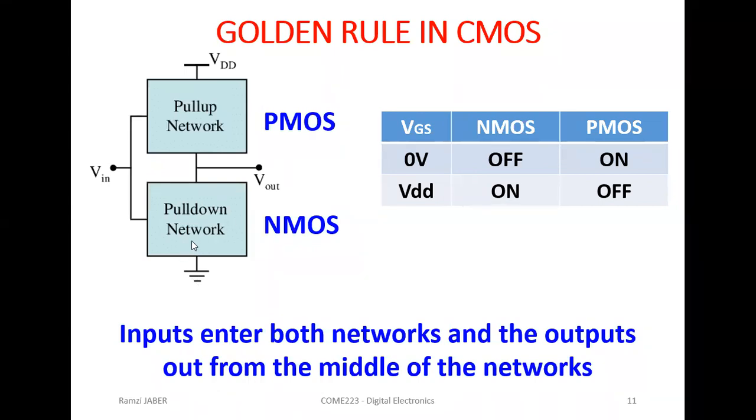Here the golden rule is that all the inputs must enter both networks. We will not see any input enter only one of them. We'll consider that a bad design. For good CMOS design, and for FinFET transistors and also CNFET transistors, they use the same golden rule.